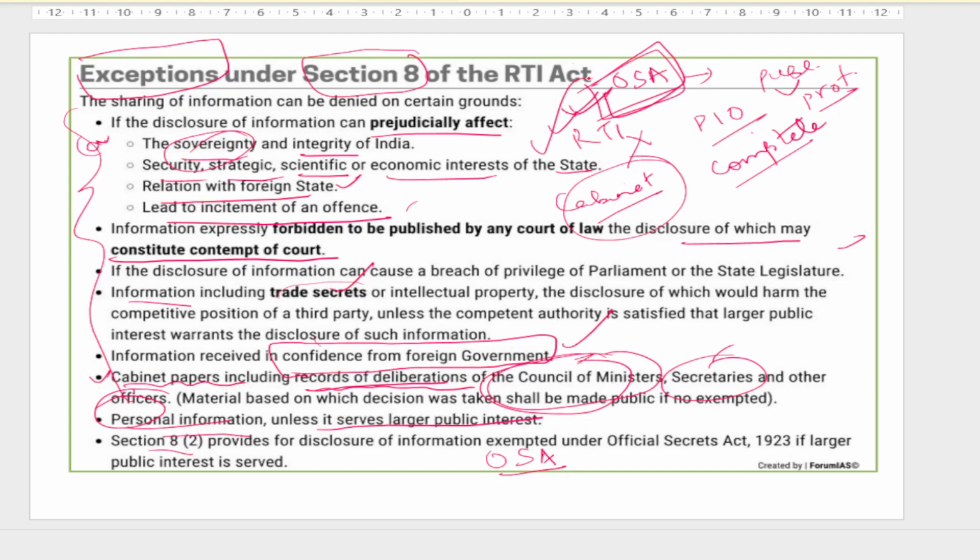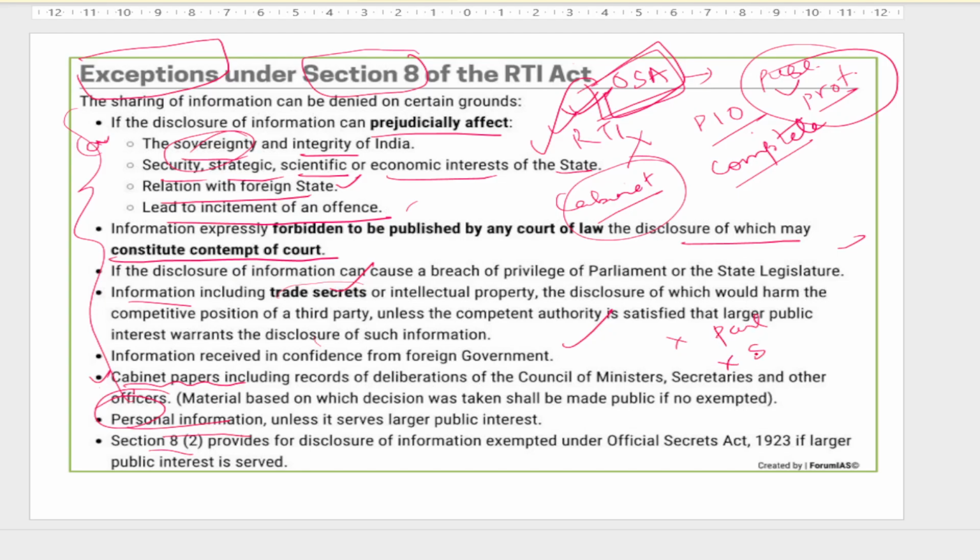So the RTI Act can override the Official Secrets Act if the public interest outweighs harm to any protected interest. Also, information which cannot be denied to Parliament or to the state legislature cannot be denied to any person also.